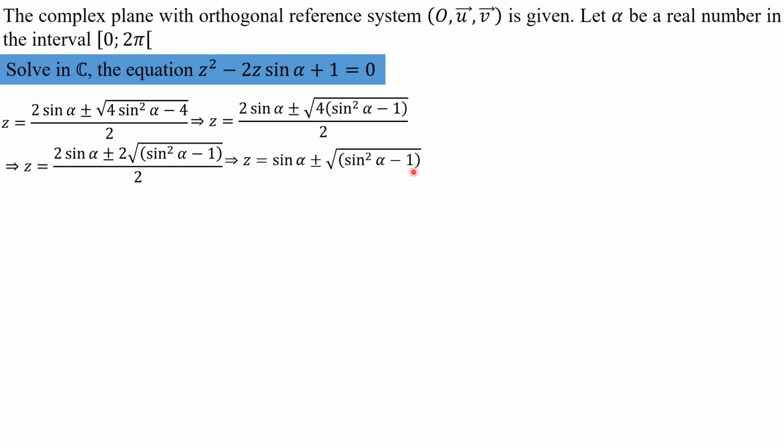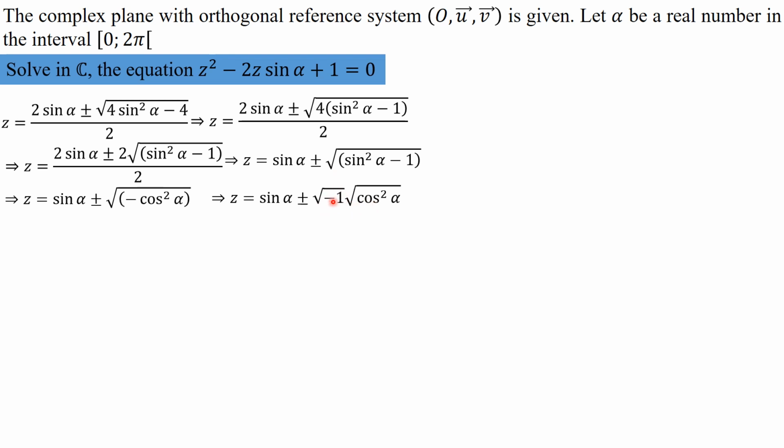But sine squared alpha minus 1 is just negative cos squared alpha. It means z equals sine alpha plus or minus the square root of negative cos squared alpha. The square root of negative cos squared alpha is the same as the square root of negative 1 times the square root of cos squared alpha. Since cos squared alpha is positive, we are good to go.